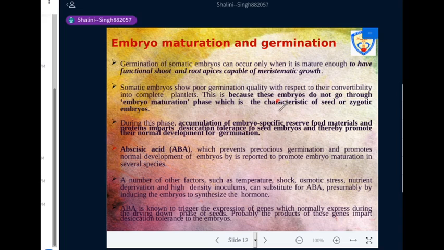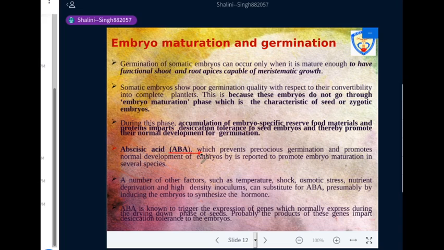This is because these embryos do not go through the embryo maturation phase, which is a characteristic of seed or zygotic embryos. During this phase, accumulation of embryo-specific reserve food material and proteins imparts desiccation tolerance to the seed embryo and thereby promotes its normal development for germination.